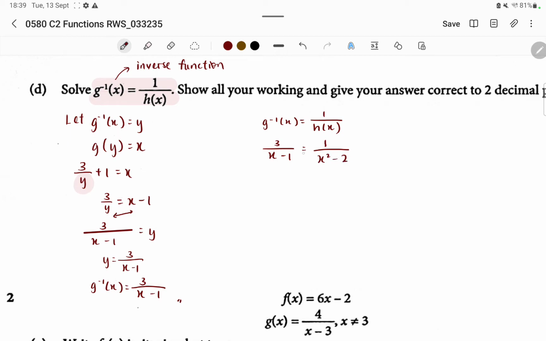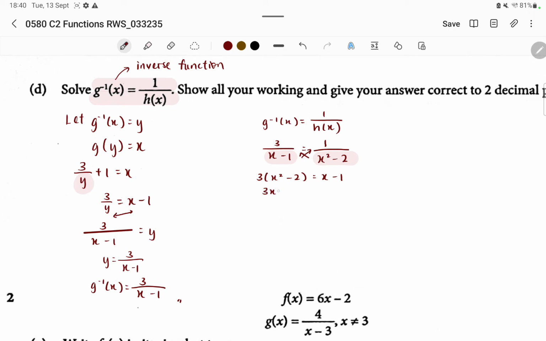And then, to make it easier, we remove the denominator. How to remove? We cross multiply. So 3 bracket x squared minus 2 equals 1 times this one, so we can straight write x minus 1. Okay, and then open bracket.